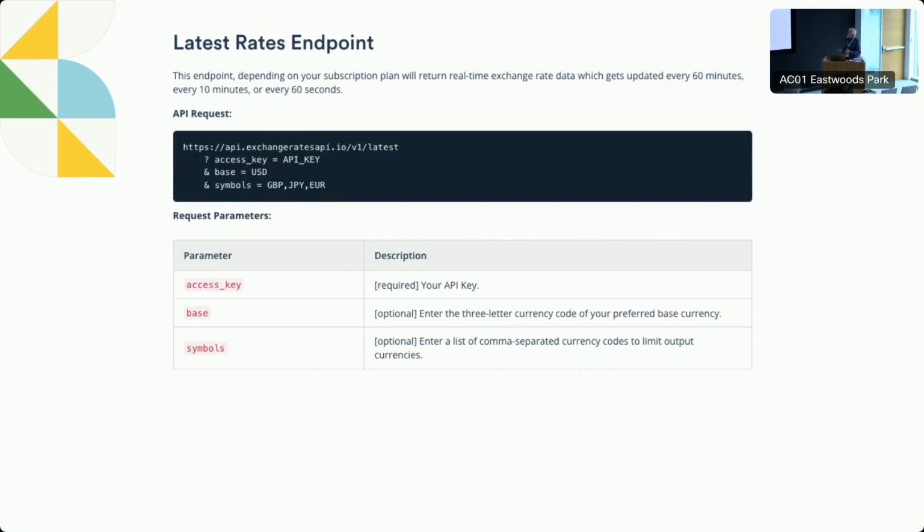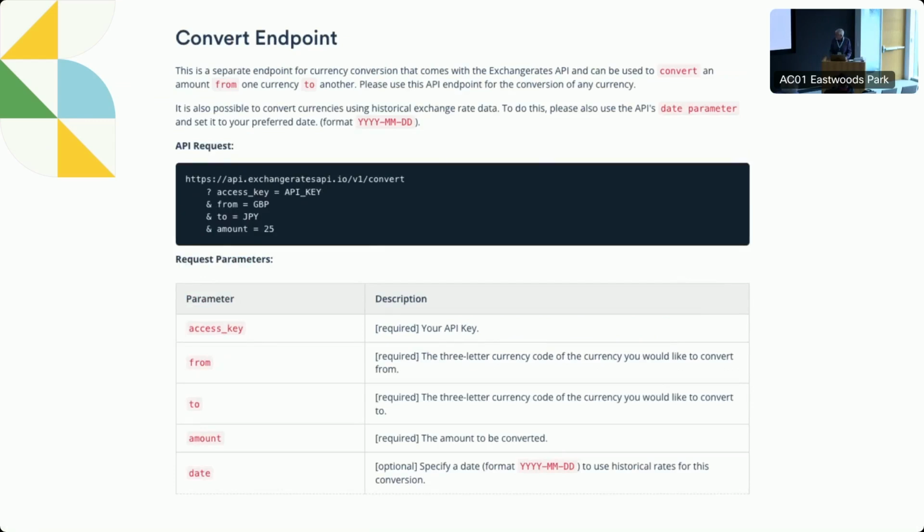The purpose of this is to confirm that your authentication is working as you're building your Claris Connect connector. The convert endpoint, you can see, requires the API key, and then it needs fields to show what you're converting, the currency you're converting from and to, and the amount that you wish to convert.